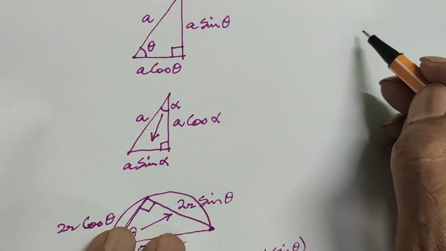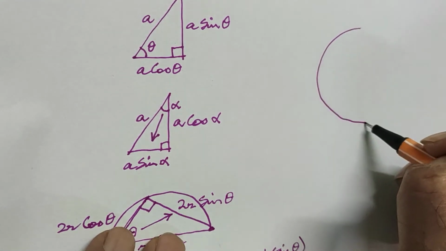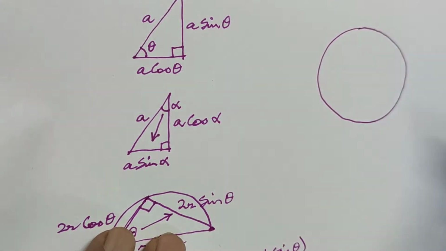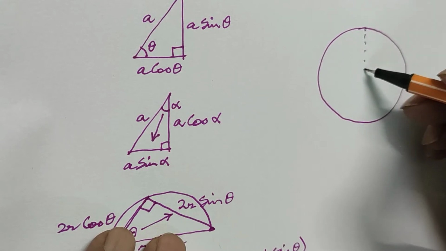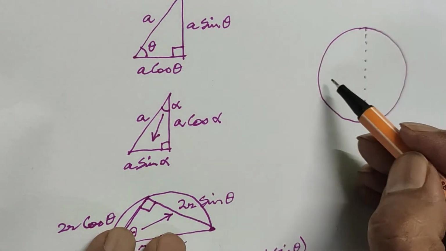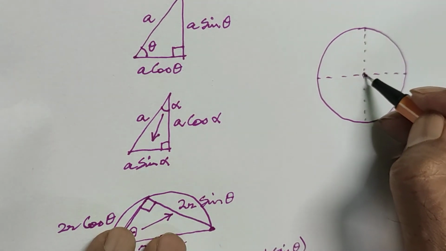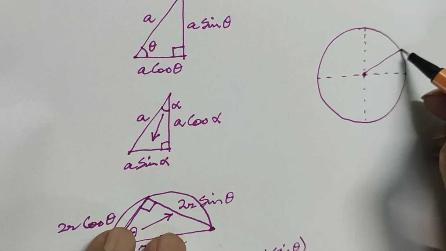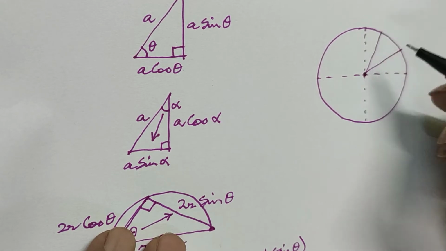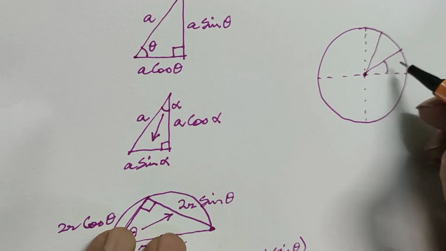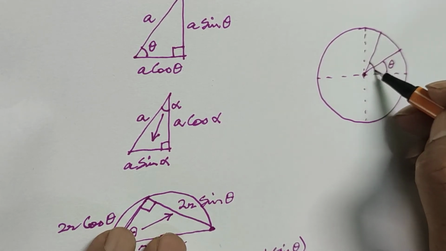Now we'll see another interesting application of this tool that we have learned today, the simple tool of r cos theta and r sin theta. Look at this circle, center, radius is r always. Suppose this is theta, this is alpha.